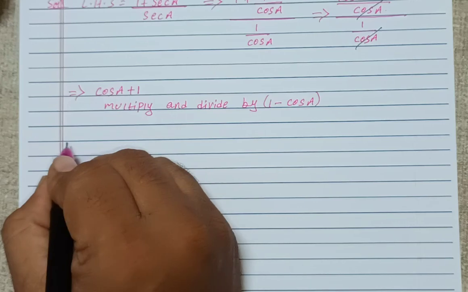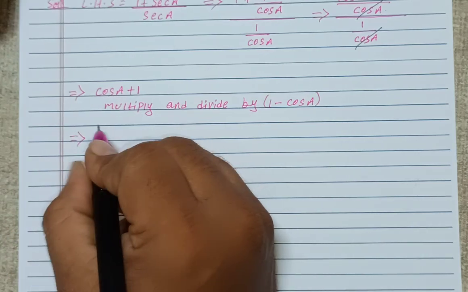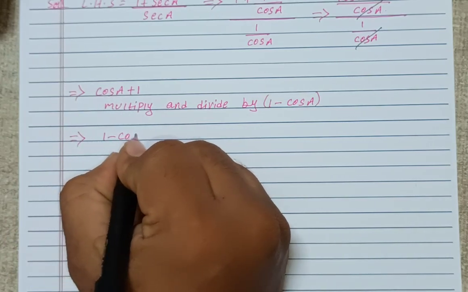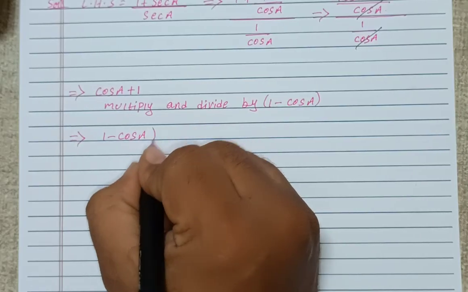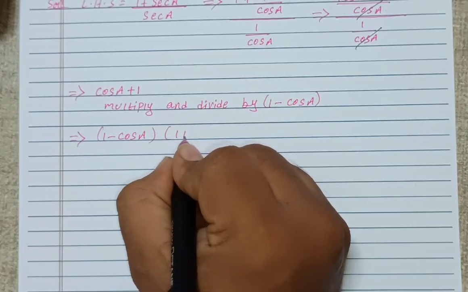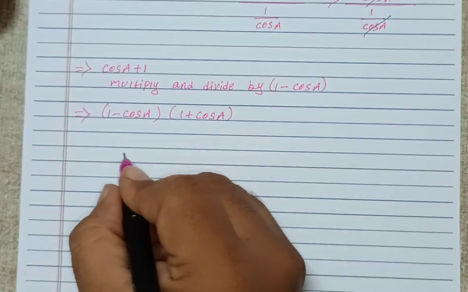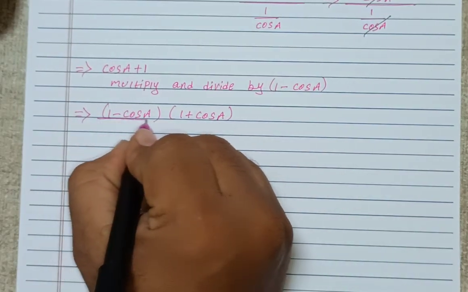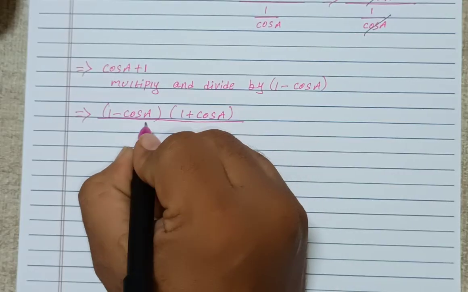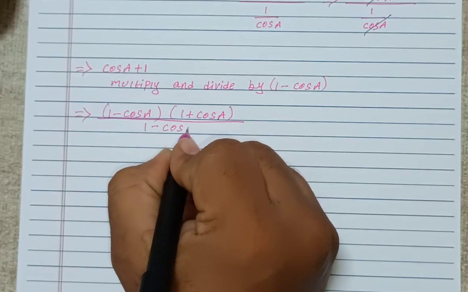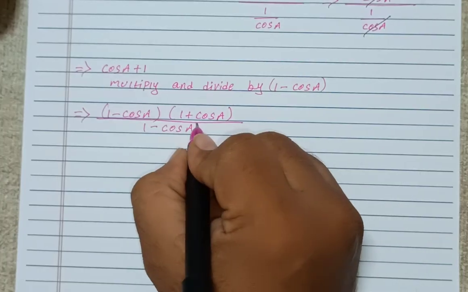So now we'll multiply and divide here, which implies (1 minus cos A) into (1 plus cos A), and whole divided by 1 minus cos A.